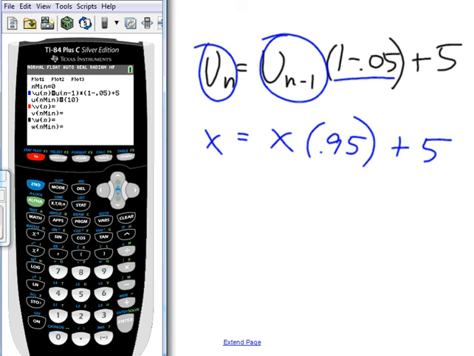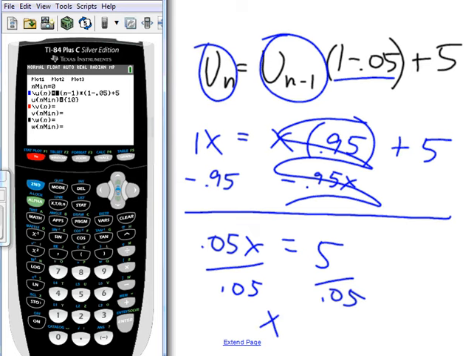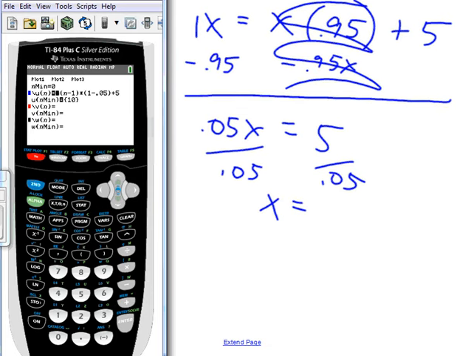You can either graph both sides of it, see where they cross, or you could subtract 0.95x, and that cancels that. 1x minus 0.95x is 0.05x equals 5, and then you divide by 0.05. And lo and behold, x equals 5 divided by 0.05 is 100.